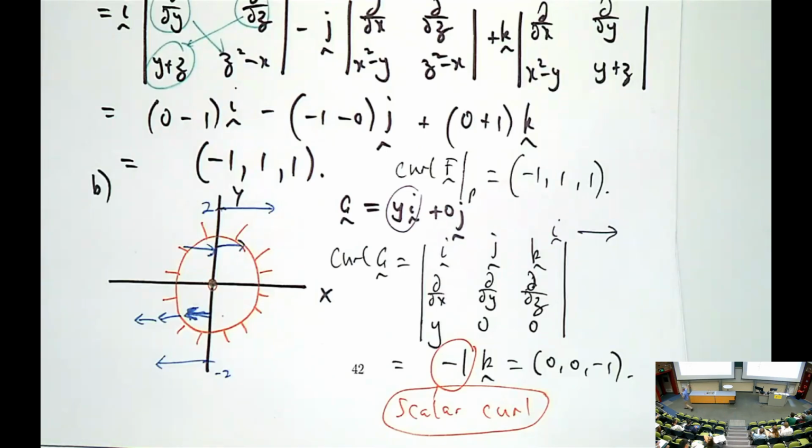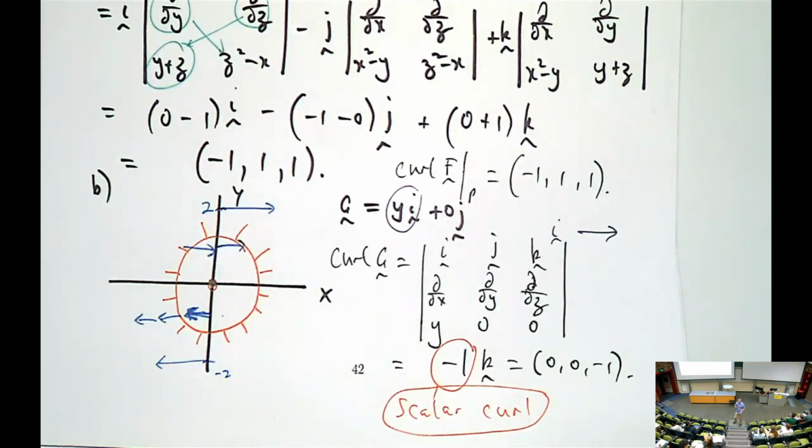Now that's negative. Which way will our paddle wheel rotate? Clockwise, yeah? Okay? That is a general phenomenon. If this was positive 2, positive 3, whatever, the wheel would rotate the other way. Okay? What do you think if this scalar curl was 0?